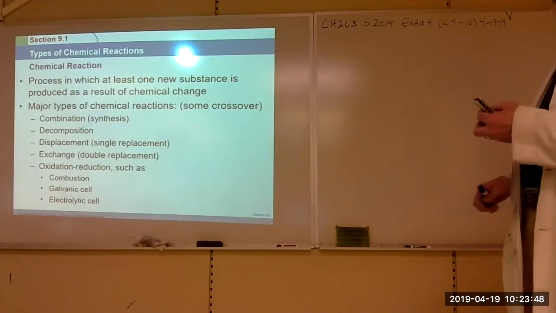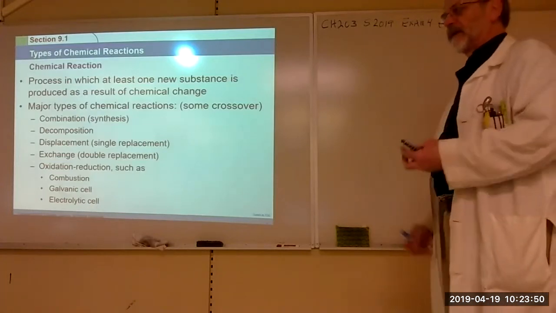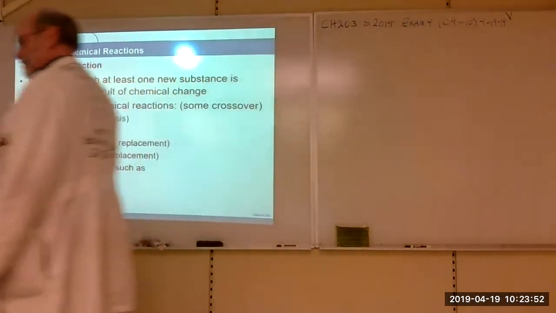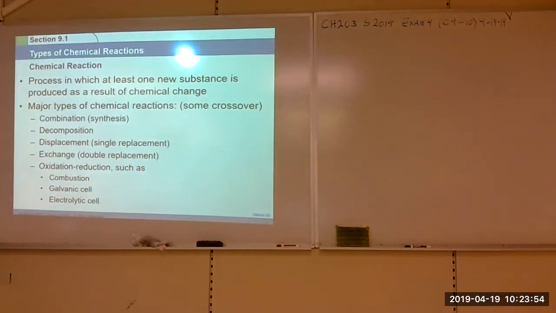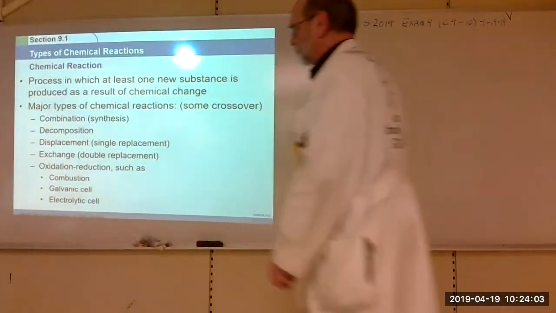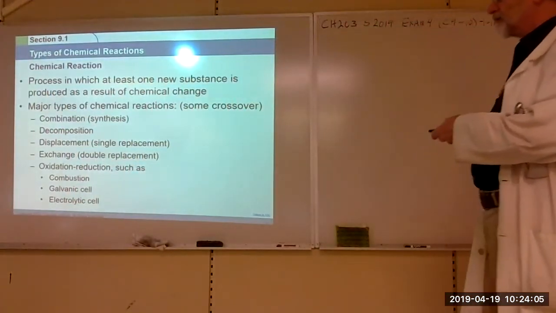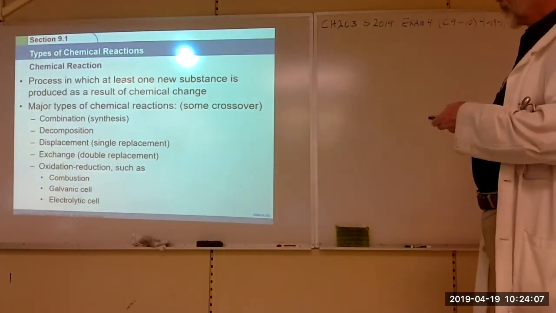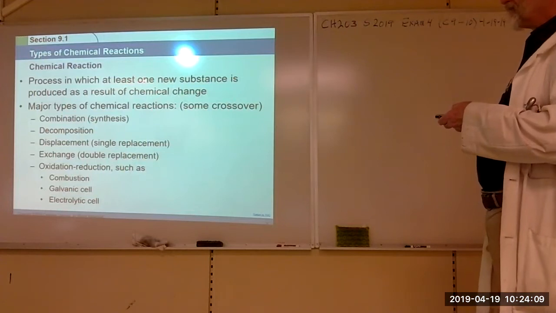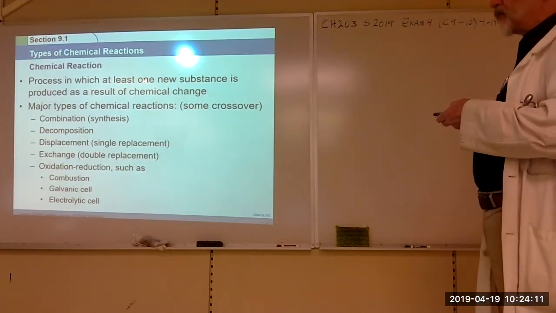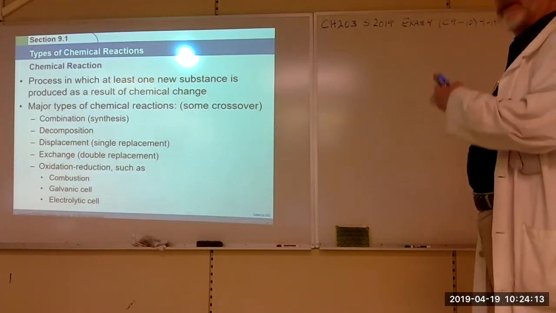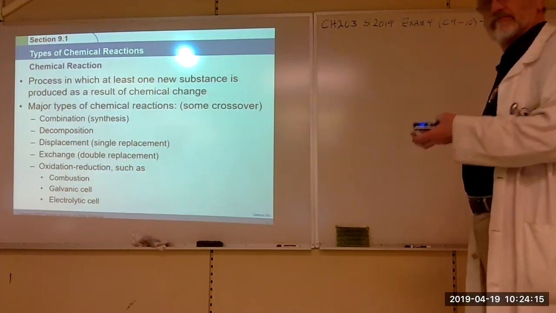We can give the reaction sort of a qualitative pigeonhole, so to speak. And these are the various types of chemical reactions. Sometimes you'll end up with only one new substance.